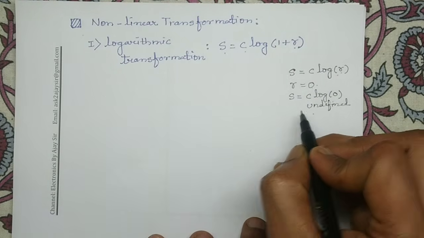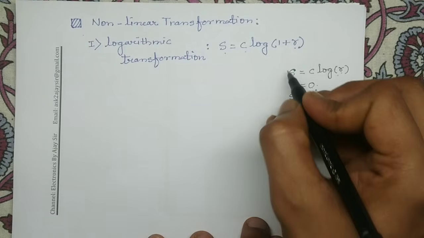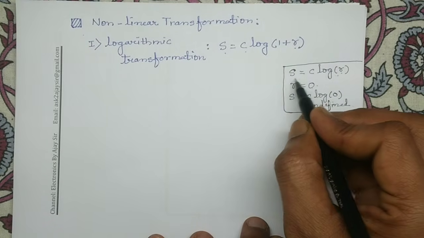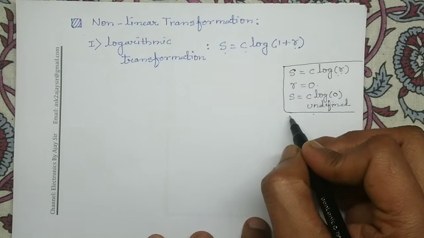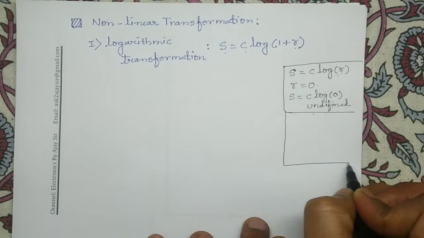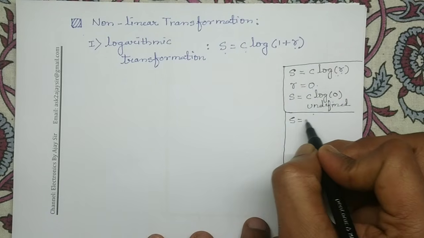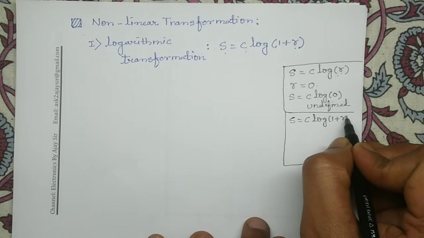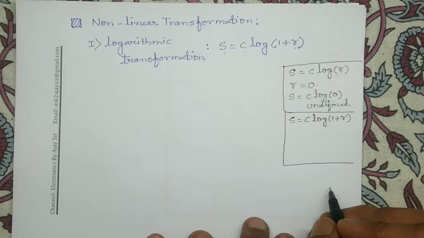To overcome this kind of situation, instead of using this equation, we prefer S equals C log(1 plus R) for logarithmic transformation in image processing.